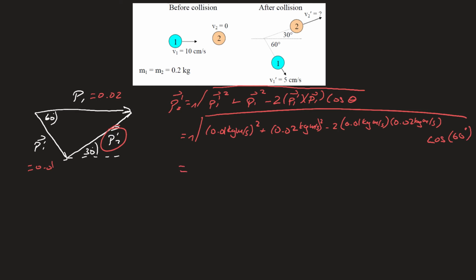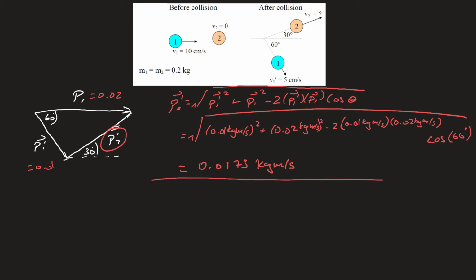If you take your calculator and you solve for all of that, it leaves us with a momentum value of 0.0173 kilogram meters per second. So don't forget that's not my final answer because my final answer is actually looking for velocity.